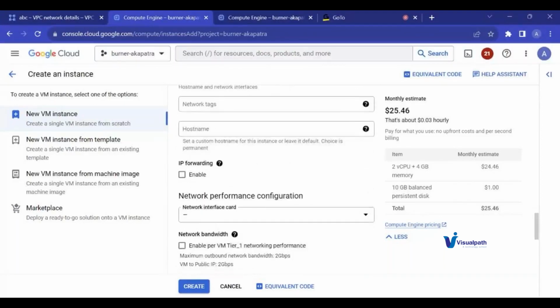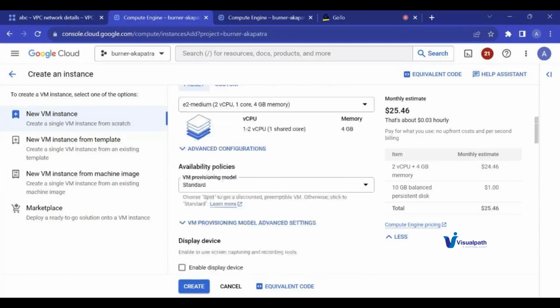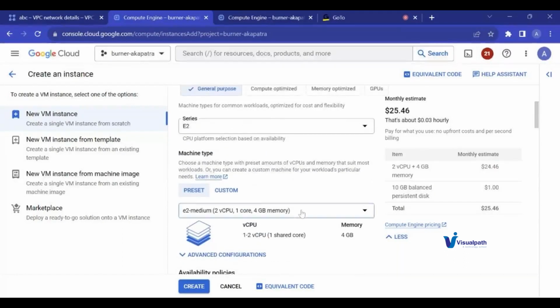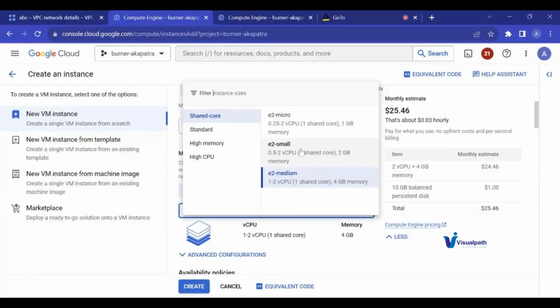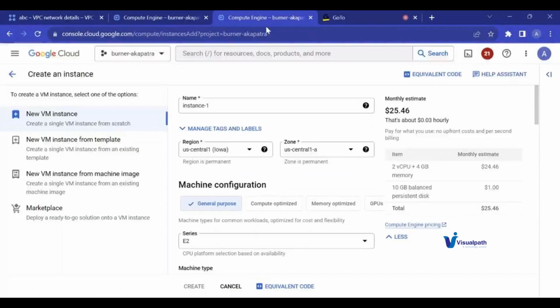From there, you go to the network interface, and here is where you can select the VPC that you want to use, and the corresponding subnets get attached to it when you select the VPC. Let's get this created.